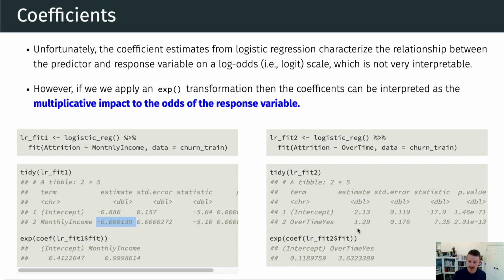However, if we make a transformation of these coefficients, specifically, let's take the exponential transformation of our coefficients. Now we see a new value for monthly income, 0.999. And on the right here, we exponentiate the coefficients for our second model, and we see overtime yes equals 3.63. So these values right here are easier to interpret.